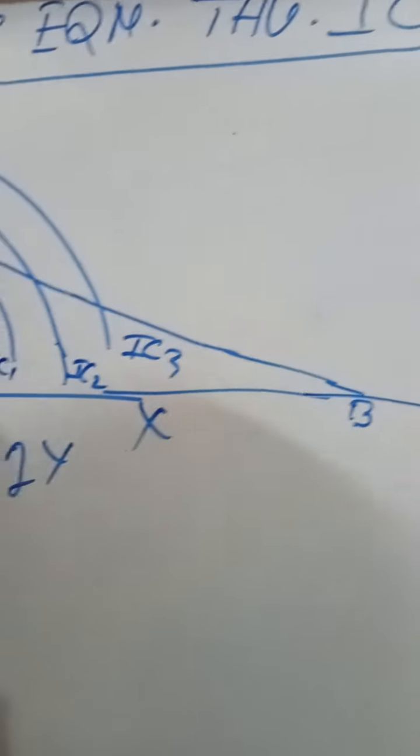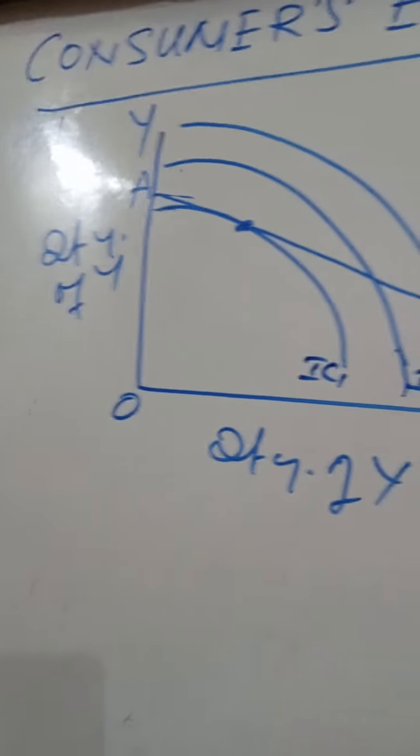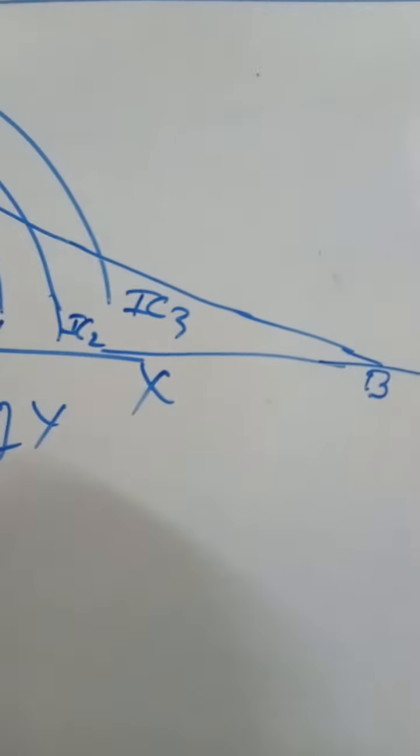This is quantity of X on the X-axis and quantity of Y on the Y-axis. Okay, and this is the budget line. This is the point of tangency between IC1 and the budget line, say AB.